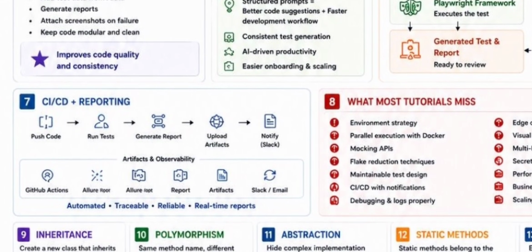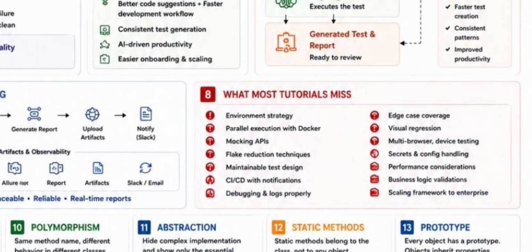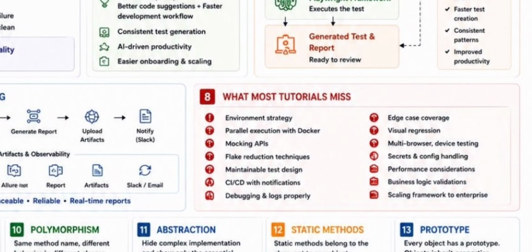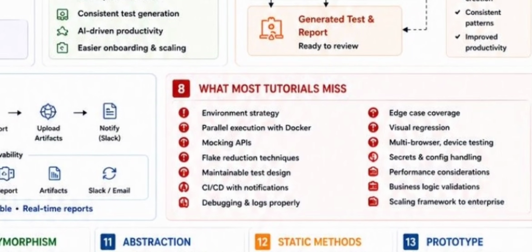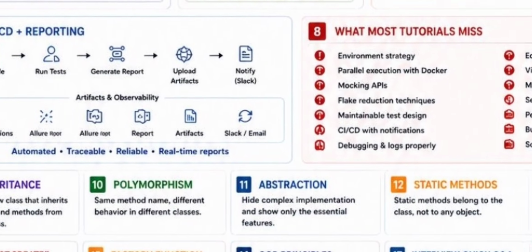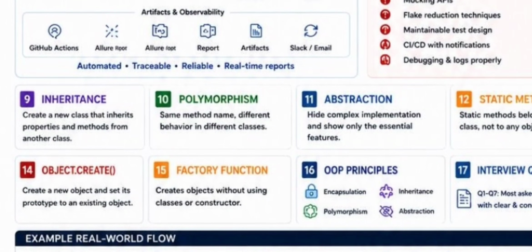And we have talked about CI/CD reporting, and what most tutorials usually miss while explaining. So please explore. And we have talked about the inheritance concept, what exactly it is and how we need to achieve it.